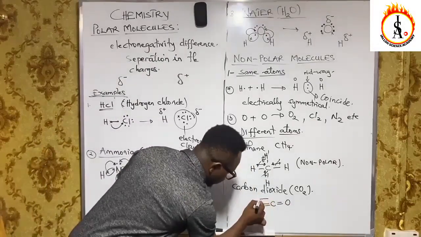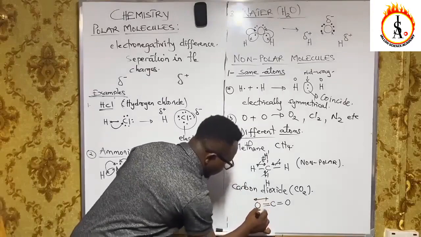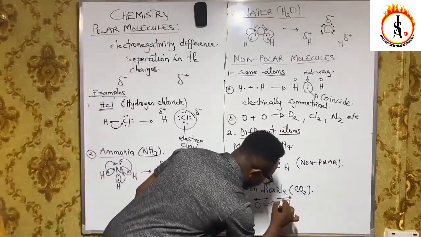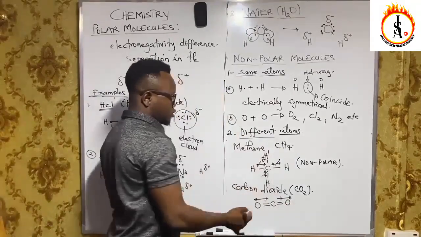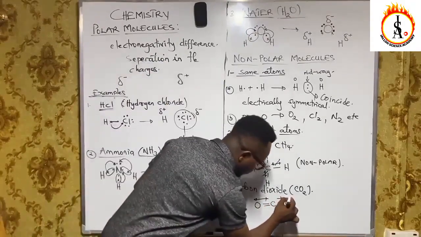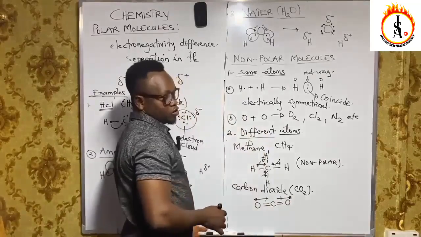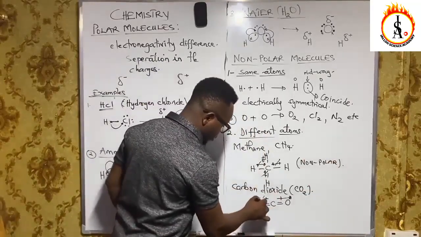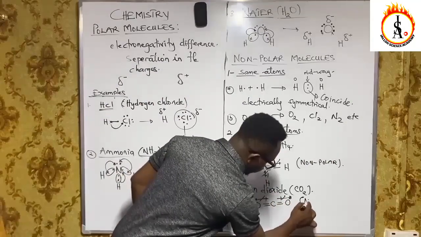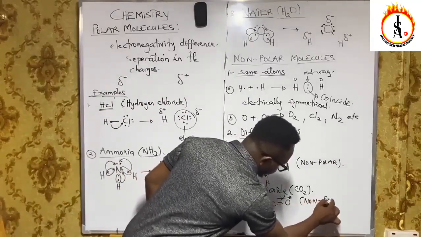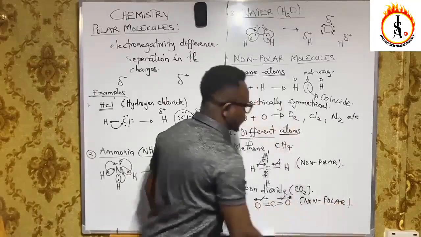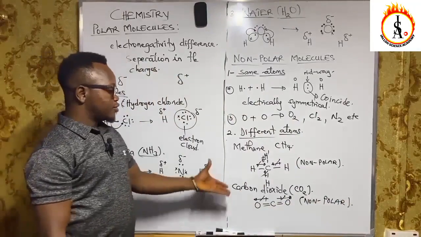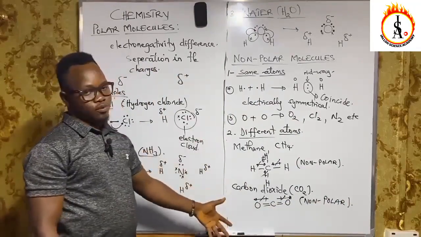So the electron cloud is going to be pulled towards the oxygen, and this one also pulled towards the oxygen. What happens in this situation? These vectors are moving in opposite directions, so they cancel out, thereby causing carbon dioxide to also be a non-polar molecule. So these are examples of non-polar molecules.